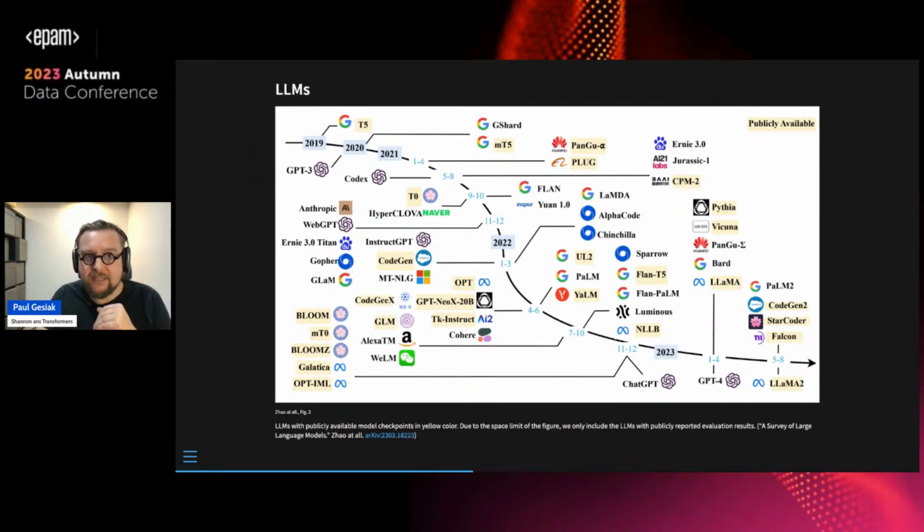So here we see the progress of large language models. Most of these models, if not all, are based on the transformer architecture, and the models with a yellow background are the open source models.